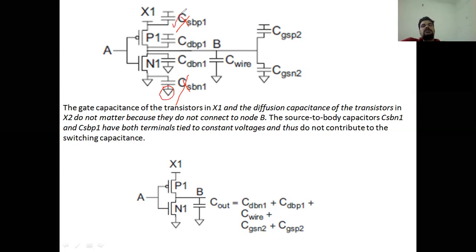So only the remaining capacitances are these two and these three. The sum of these five capacitances we can assume as C out. So C out is nothing but the sum of these five capacitances. So this circuit is basically reduced to this.